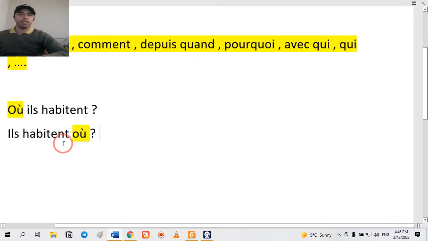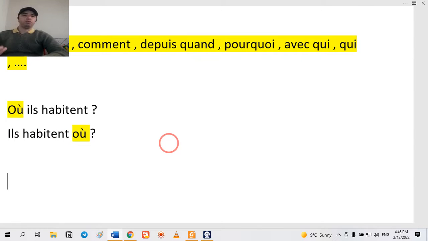This is the intonation form: où ils habitent or ils habitent où. Only in this intonation form can you change the place of the question word.